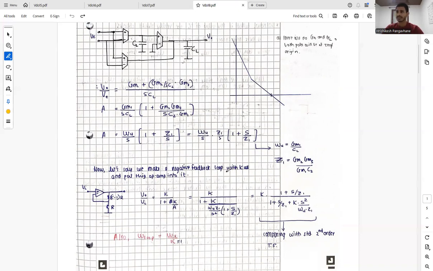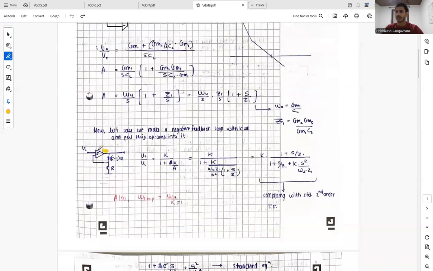When we put this op-amp into it, we are again deriving a transfer function, including the negative feedback loop with a gain of k, and thus our transfer function will look like k divided by 1 plus k by a.